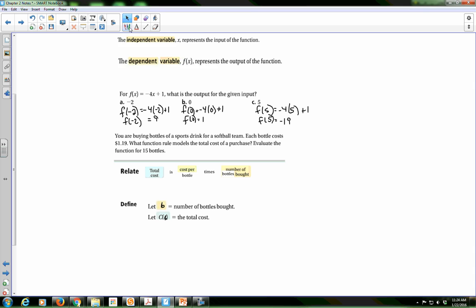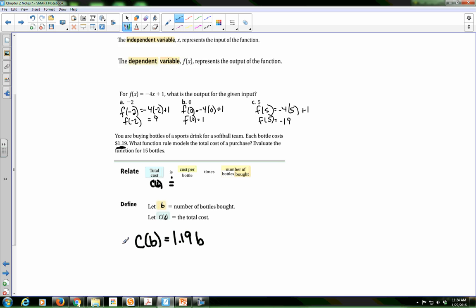So let's take that format and write C of B equals, so that's the total cost, is my equal sign. Cost per bottle is $1.19 times number of bottles bought. Boom.